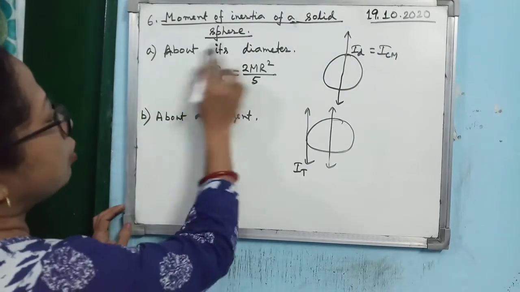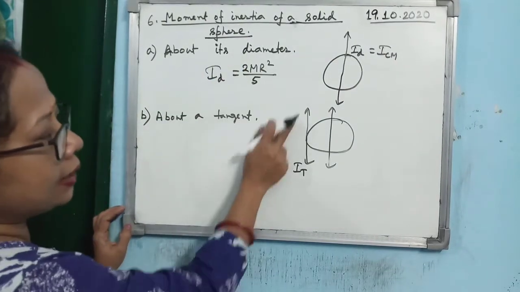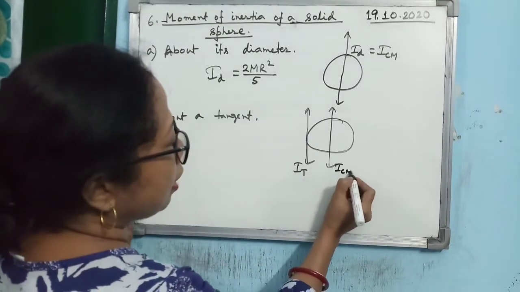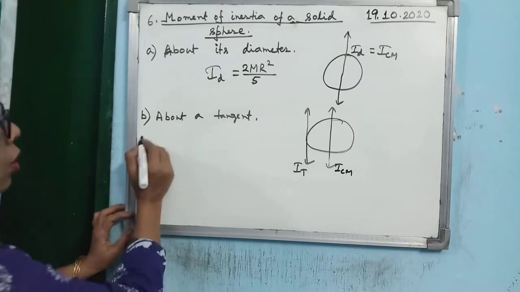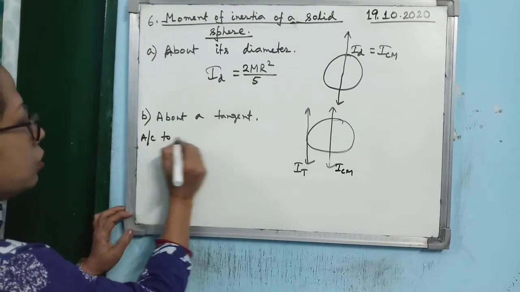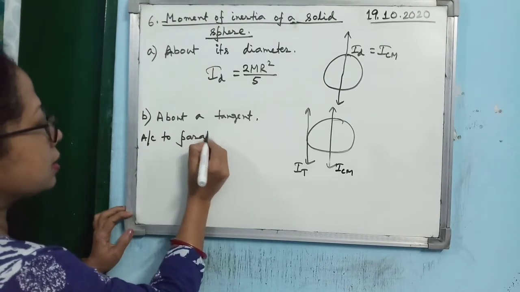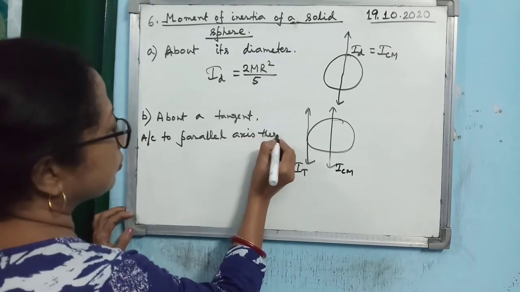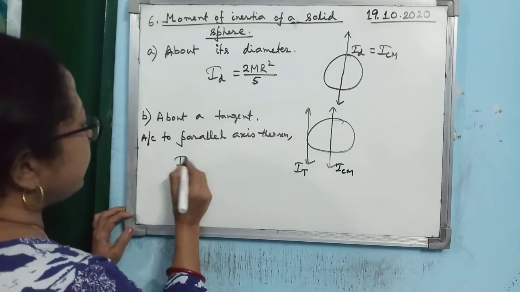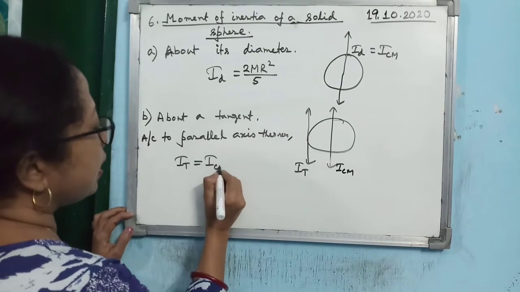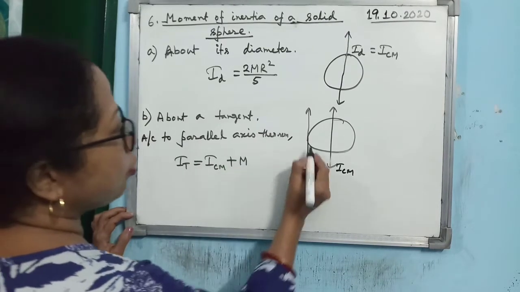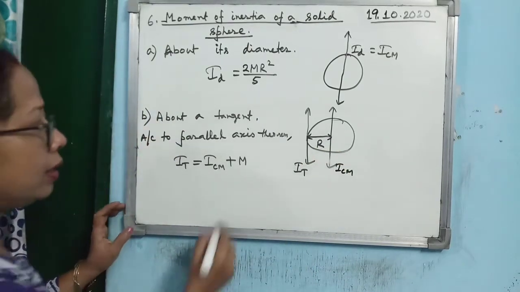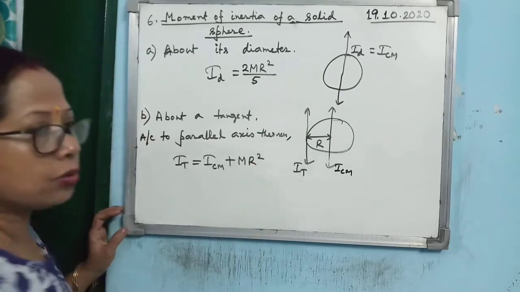Then you have to find the moment of inertia about a tangent. When you draw the tangent, you see it becomes parallel to ICM. So which theorem can you use? According to the parallel axis theorem, IT will be ICM plus m into the distance square. The distance is nothing but the radius of the sphere, so ICM plus m into r square.